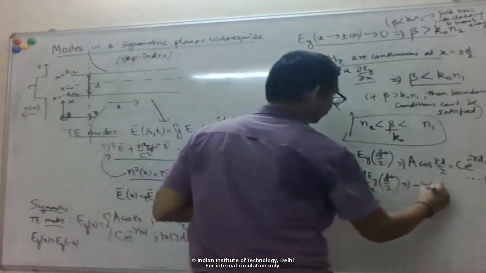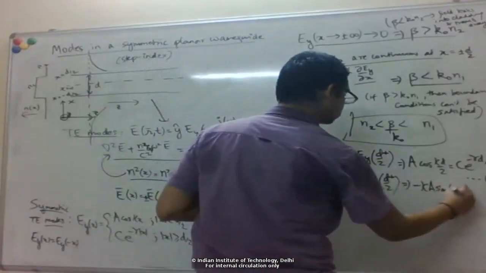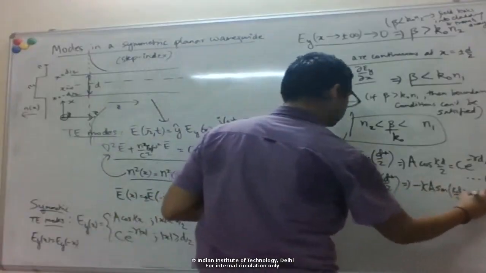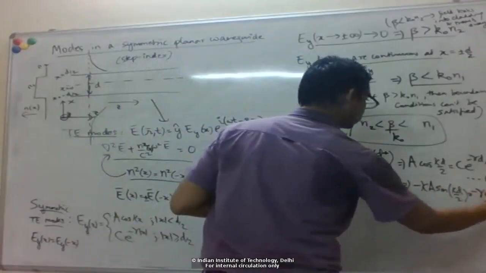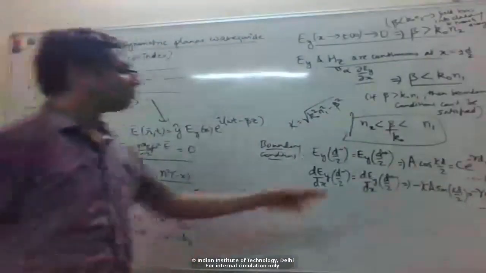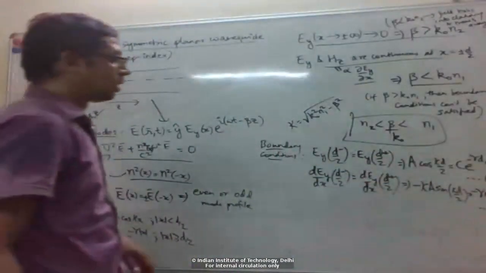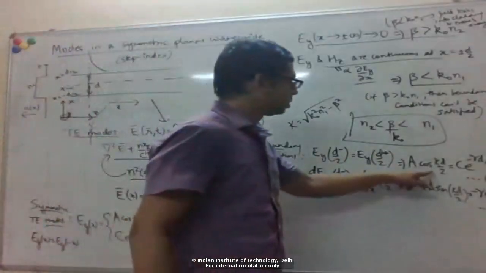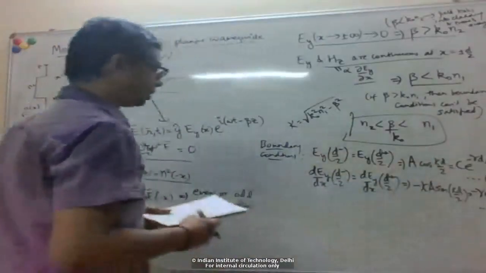Right, so from that we get, okay, so we have these two equations. So what we can do is just divide them to eliminate these A's and C's.